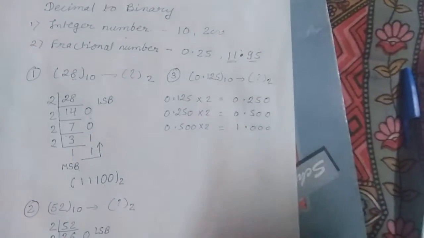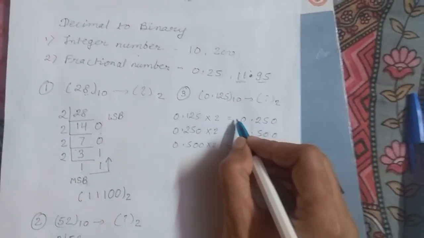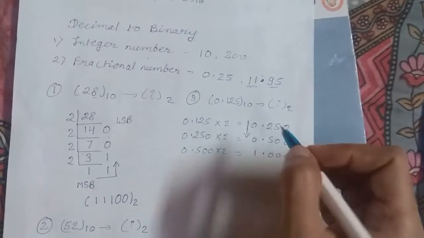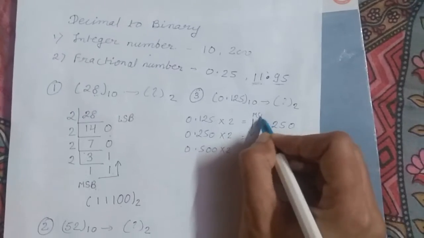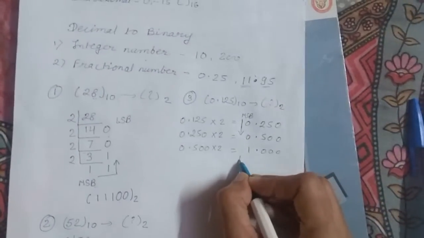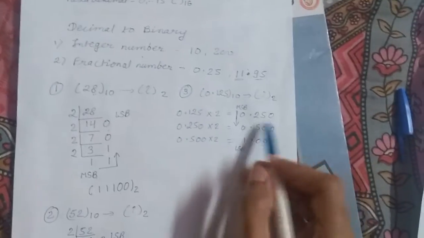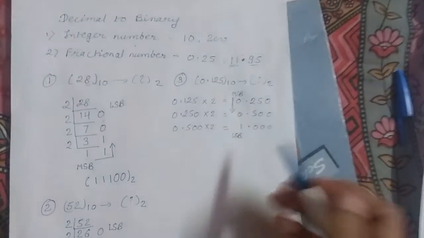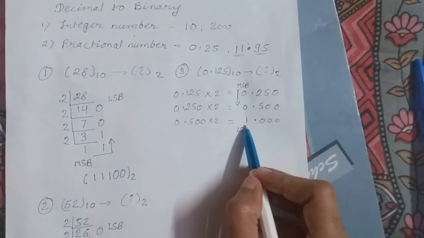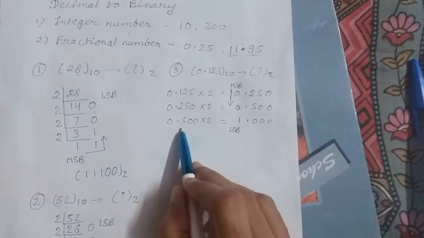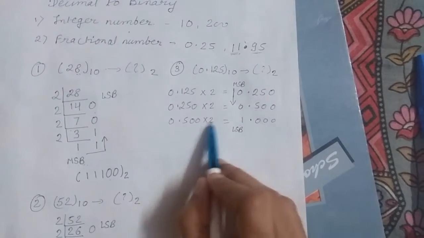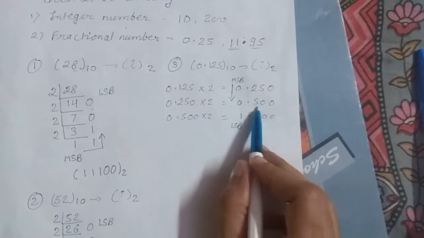How do we have to write? Here the method changes. In this case, we write from the top value to the bottom value. The top value is known as your MSB here, and the bottom is your LSB. We write only the values appearing before the decimal point, because the values we multiply again by 2 are the ones coming after the decimal point.